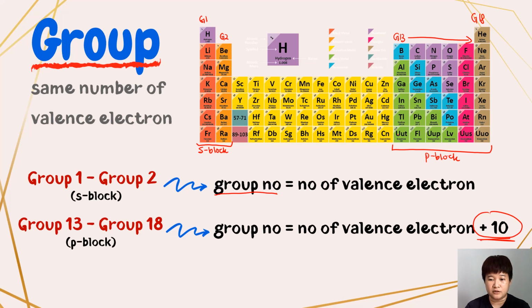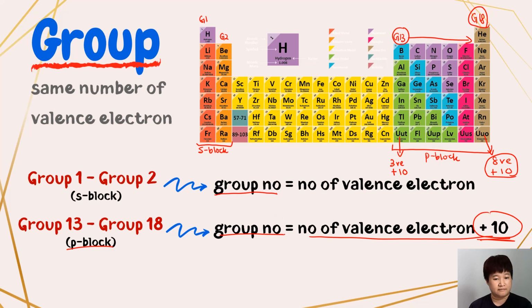So for example, for group 13, you have 3 valence electrons plus 10, so you have group 13. For example, for group 18, you have 8 valence electrons plus 10, so you have group 18. See that case? So for your P block, the group number equals the number of valence electrons plus 10.